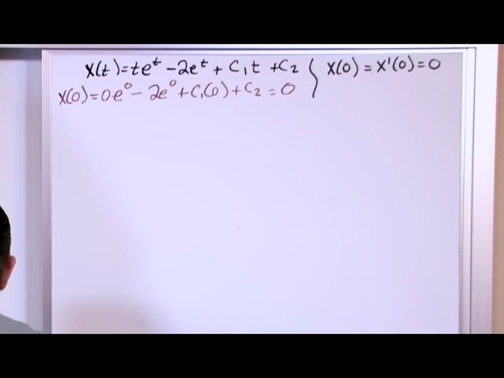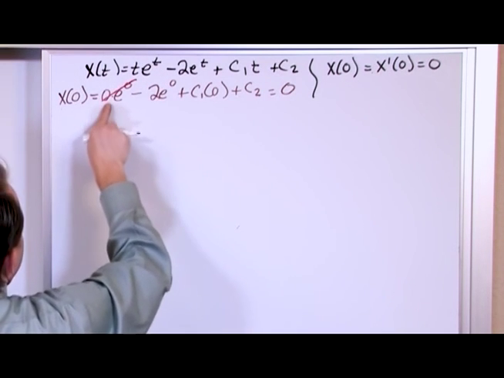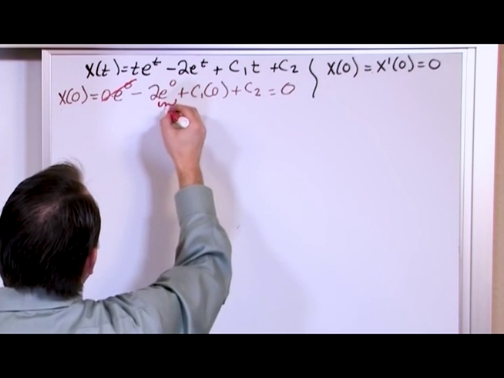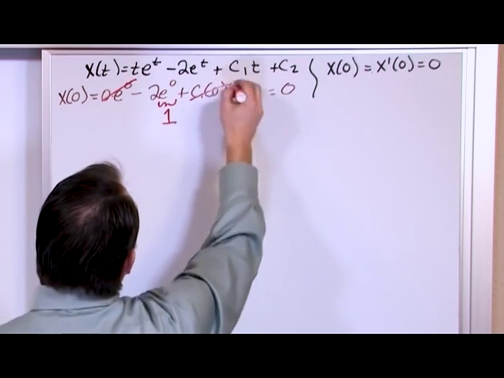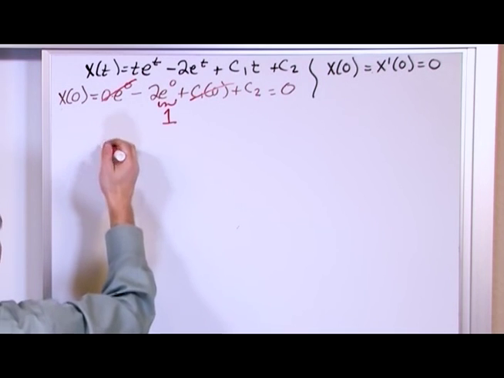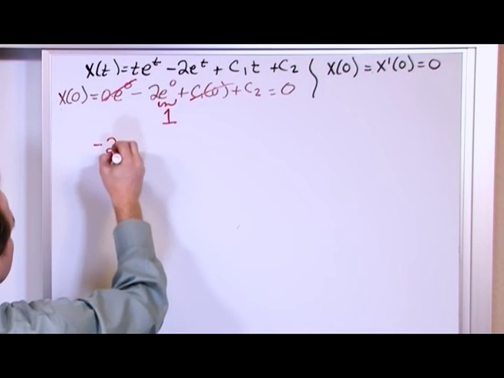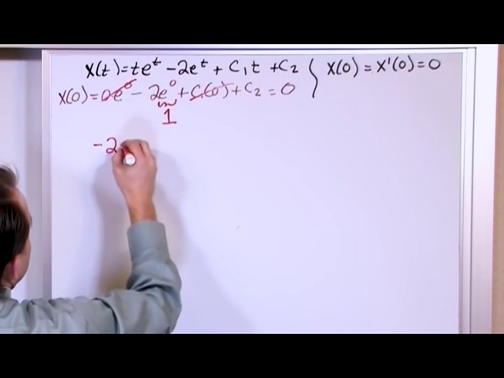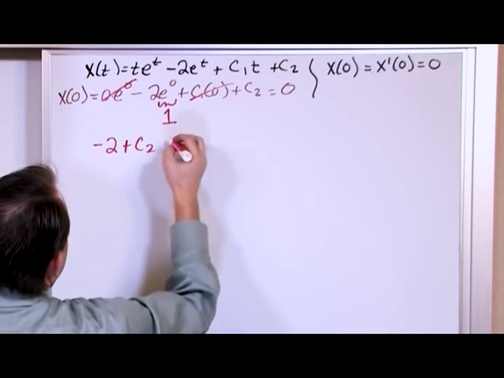So I'm just plugging it in there. Now here's where things get a little different. Because we have exponentials, this one does drop out because we have 0 in front, but this guy, e to the 0, anything raised to the 0 power is 1. This guy does drop out, so what we end up having is minus 2 times the 1, so I'm going to leave it as minus 2 here, plus c2 from here is equal to 0.